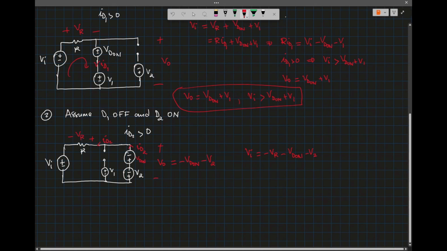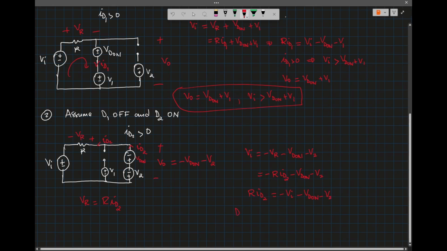Now VR equals R ID2 based on the polarity on the screen, so VI equals minus R ID2 minus VD on minus V2. So R ID2 equals minus VI minus VD on minus V2.